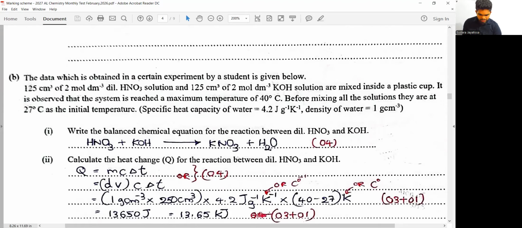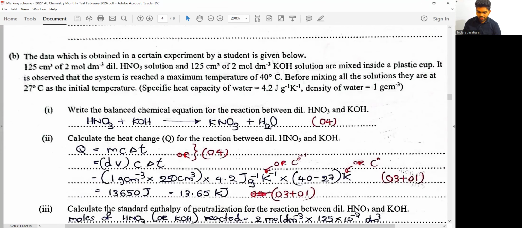Now here you are mixing two solutions, one is a base and one is an acid. The most important point you need to notice is that some students miss the total volume. It's not 125. You are mixing two solutions of 125, so the total volume is 250.